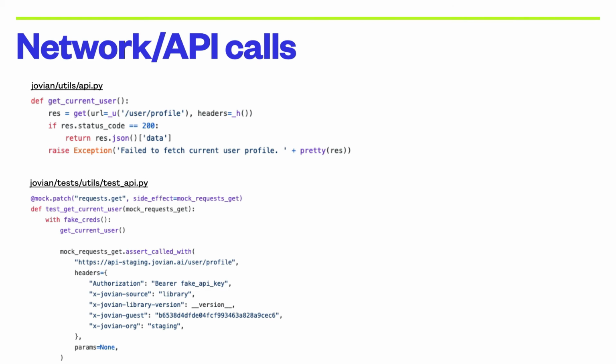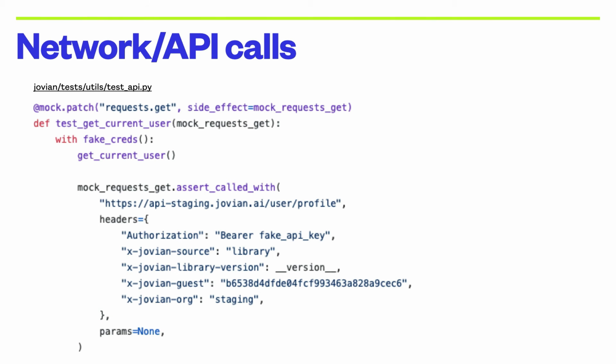The test for it is a little long, but let me make it a little bigger. Now if you see here, let's break it down line by line. In the first line you have the mock.patch, and it's used as a decorator here.